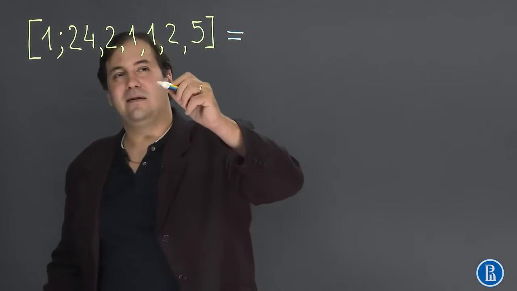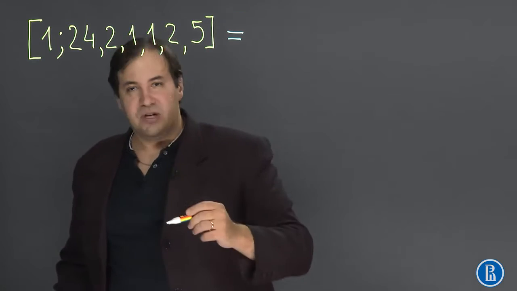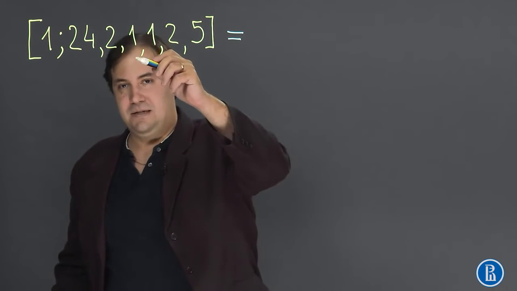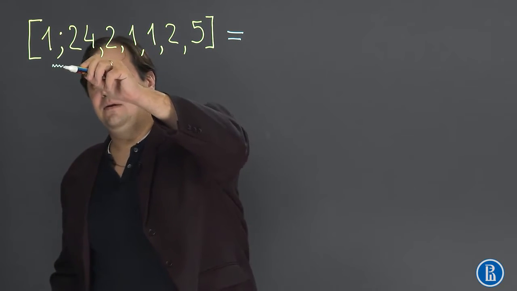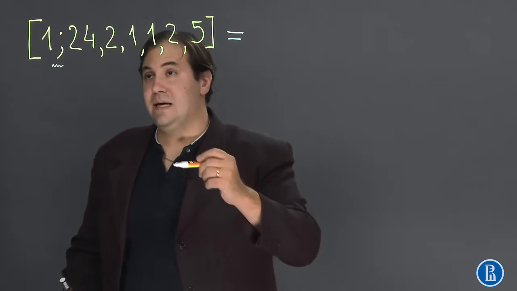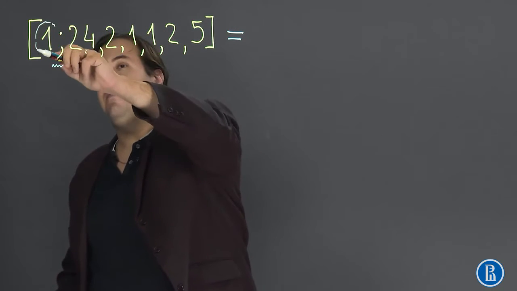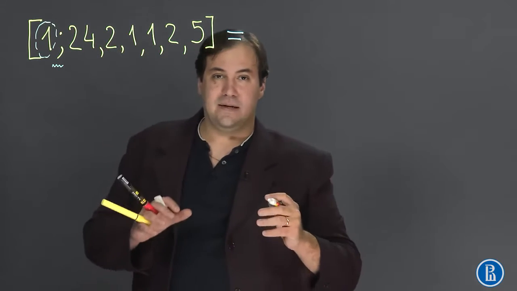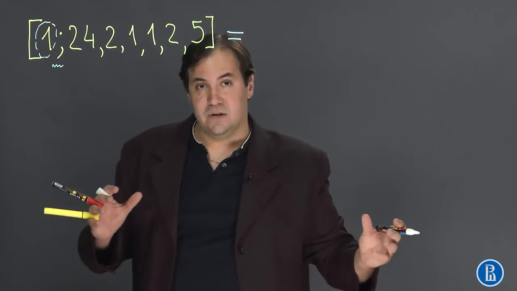Here we see that almost all of the separating signs are just commas. But here we have a semicolon. This means that the first number is the integer part of the continued fraction.